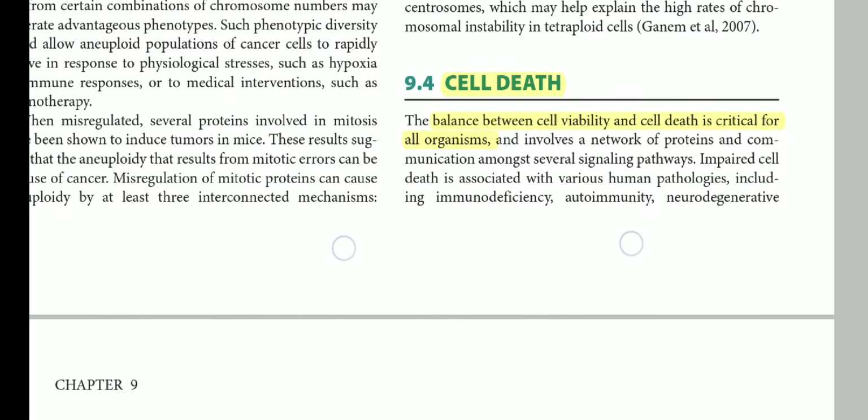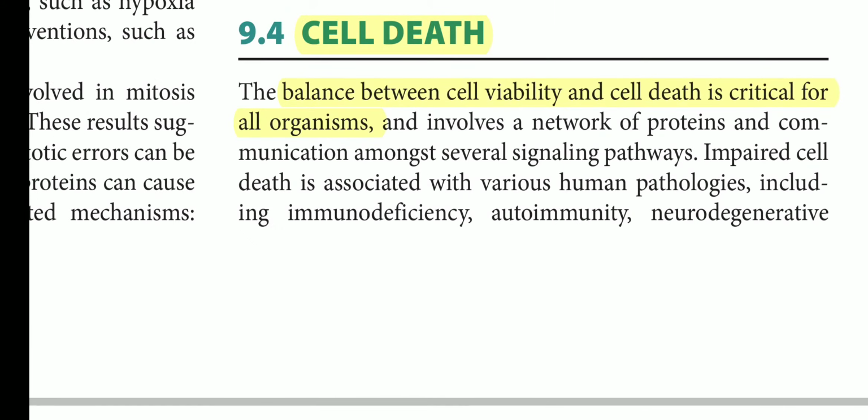And so, cell death. The balance between cell viability and cell death is critical for the whole organism. If this balance gets destroyed, then it will be fatal, and that leads to cancer.